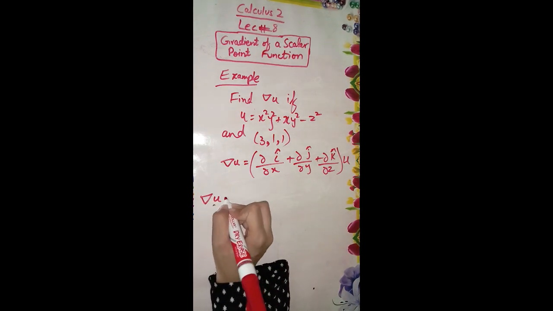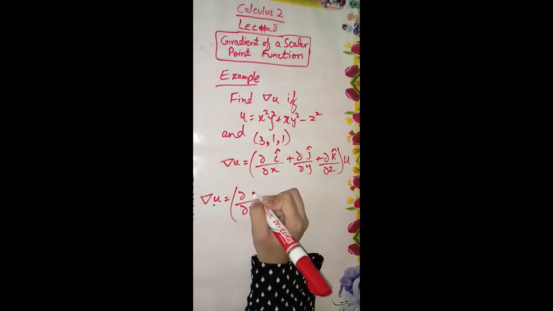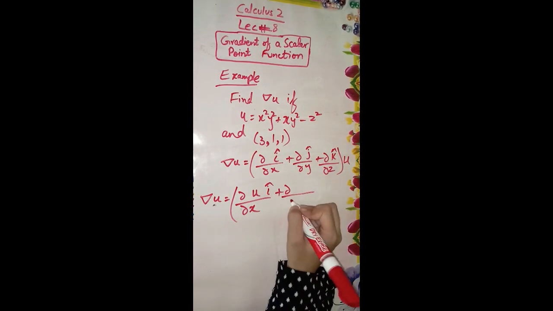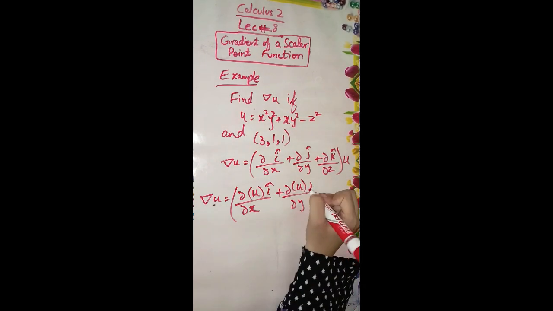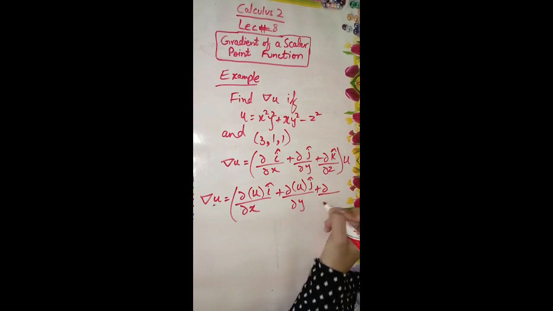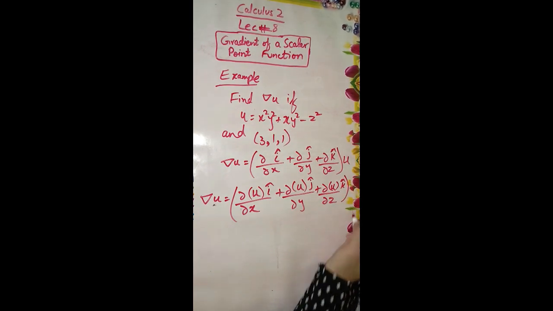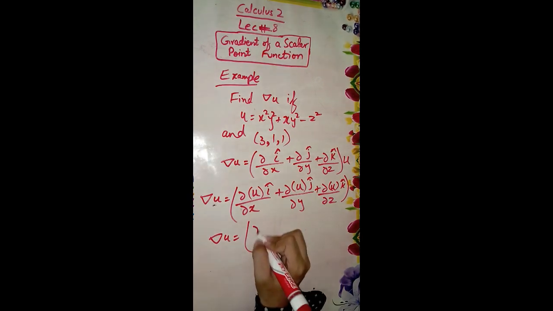So del u is equal to, now we have to multiply the u inside. So it will be u in the i hat plus partial by partial of y, and u will be multiplied, and same for the z axis. Now we will put the value of u.